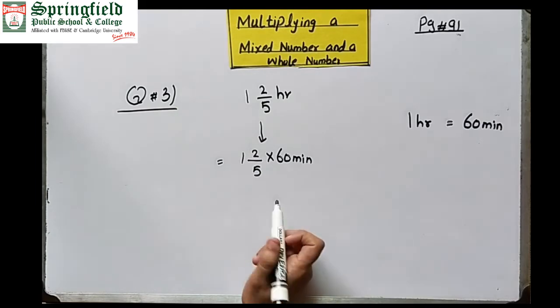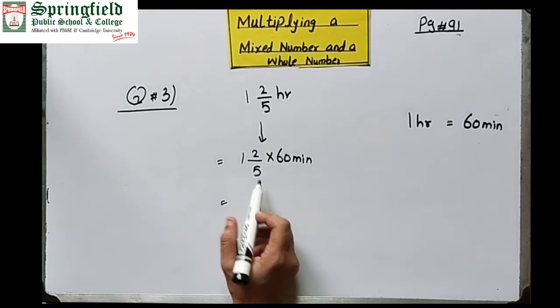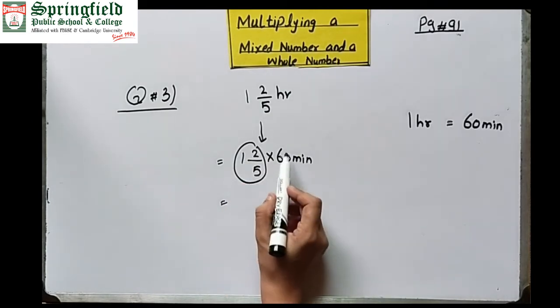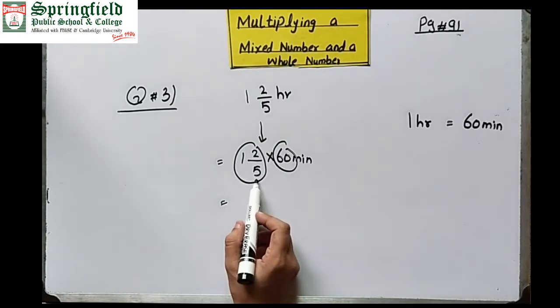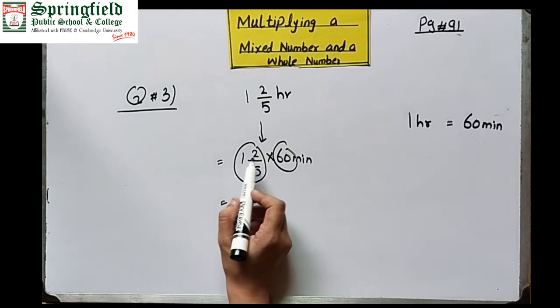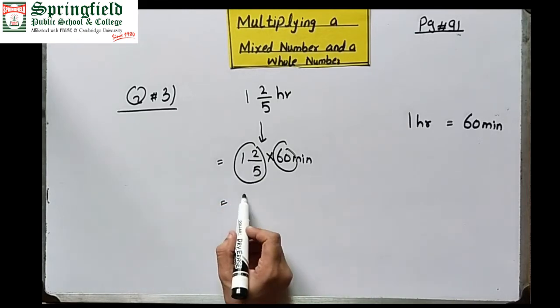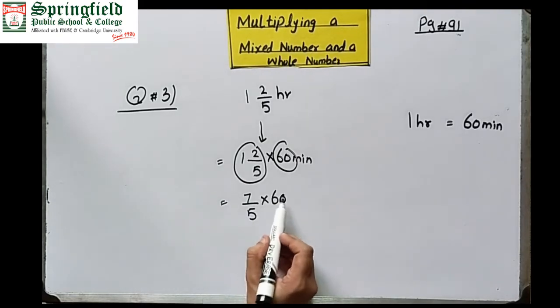Okay, now how can we do this question? This is the mixed number and this one is a whole number. So convert the mixed number into the fraction form. First 5 ones are 5 plus 2, 7. 7 by 5 multiply 60 minutes.